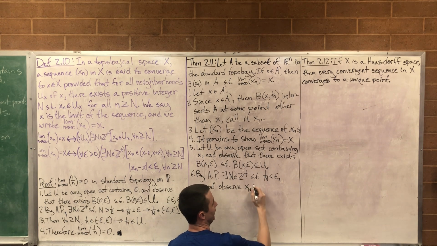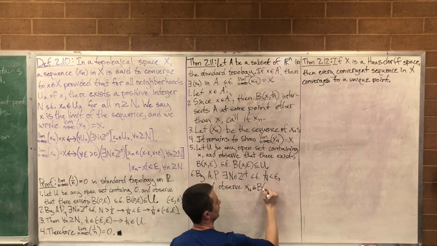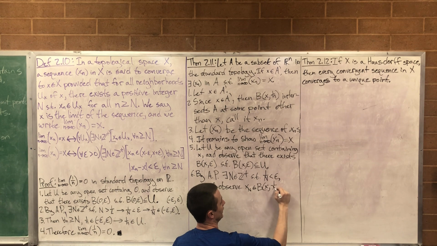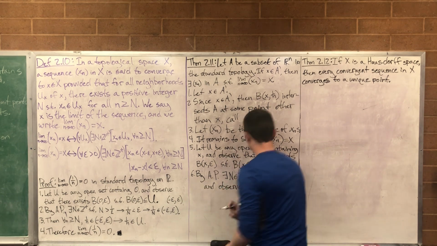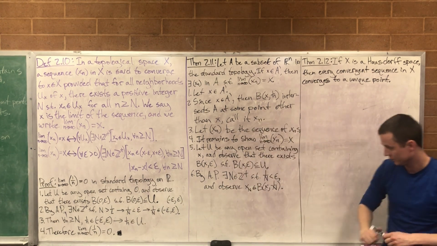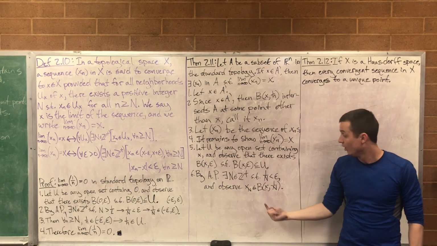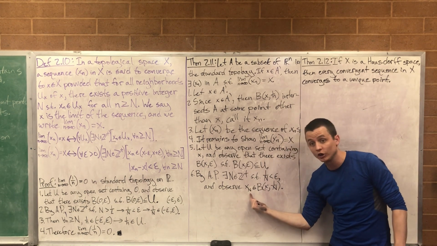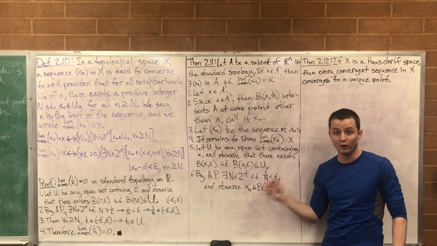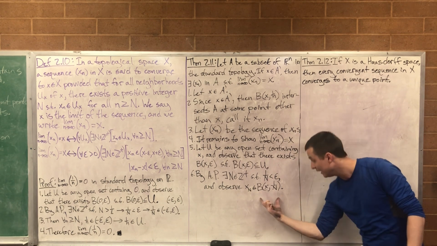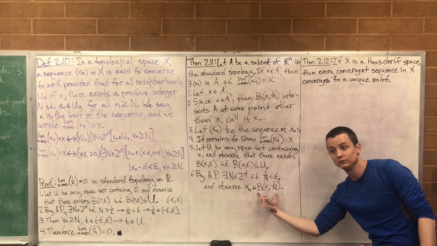Observe x sub n is always in the ball centered at x with radius 1 over n by definition. I'm trying to throw back to our sequence. Remember how we defined our sequence. Our x sub big N term in our sequence was the point in A that intersected this ball.